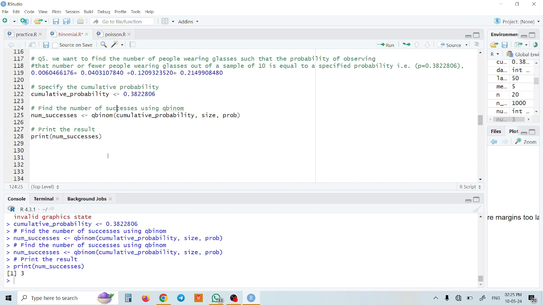That we have seen. So this is how we can work with the binomial distribution using software R.